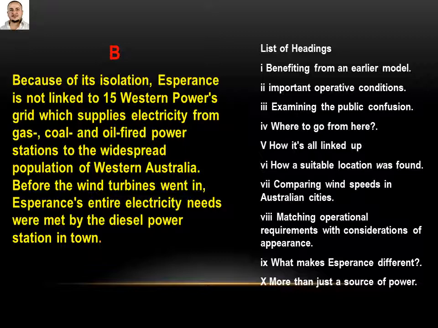Number 7, comparing wind speeds in Australian cities. Doesn't talk about that at all. Number 8, matching operational requirements with considerations of appearance. It doesn't talk about appearance, about nature, about views, or requirements. I see nothing about it here.